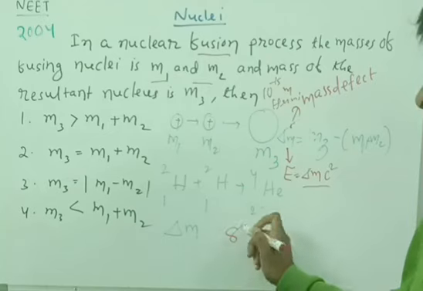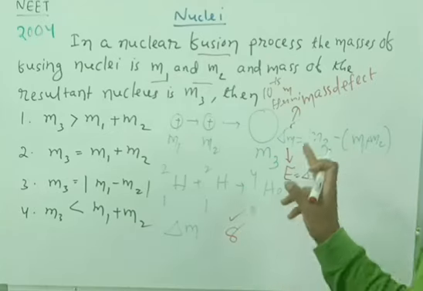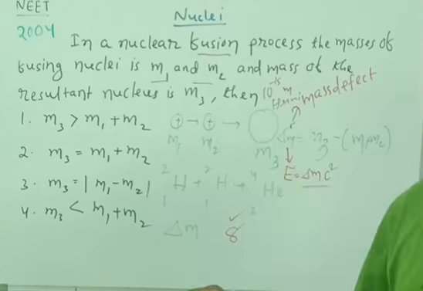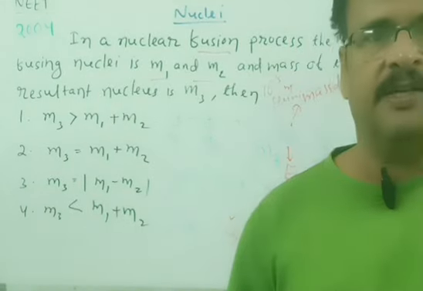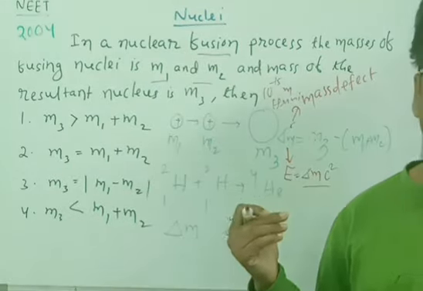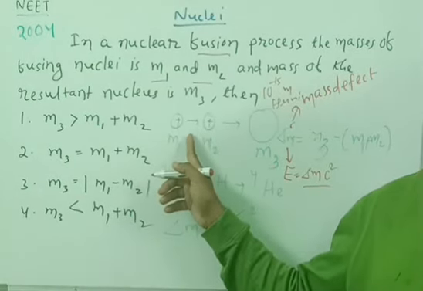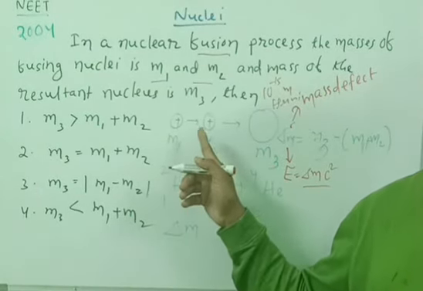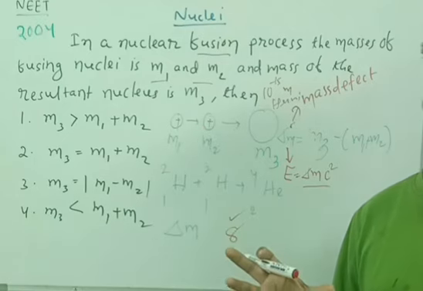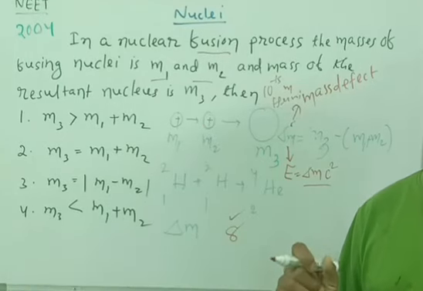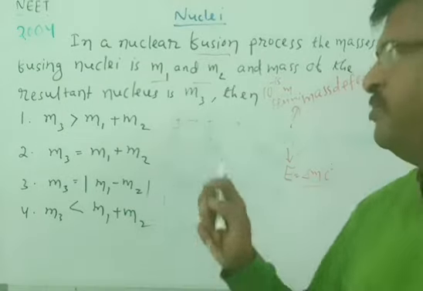Okay student, this is the maximum binding energy per nucleon. So the difference in mass is converted into energy, and that energy is called binding energy, which is responsible for bringing these two positively charged nuclei together to form a stable fused nucleus.